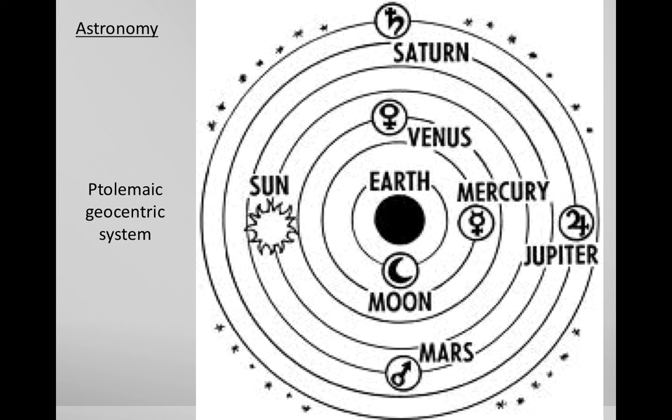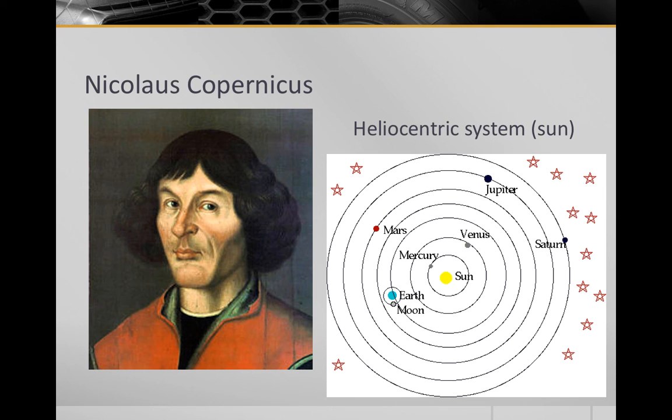So this is kind of the common belief pre-scientific revolution. That is until our first astronomer comes along, and his name is Nicholas Copernicus.